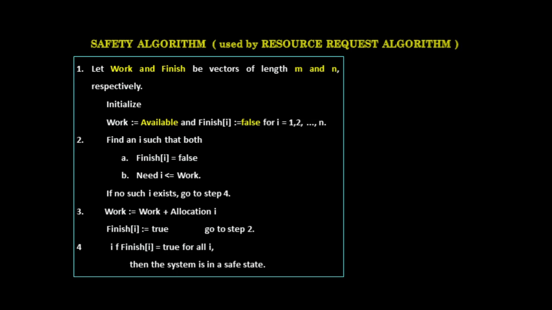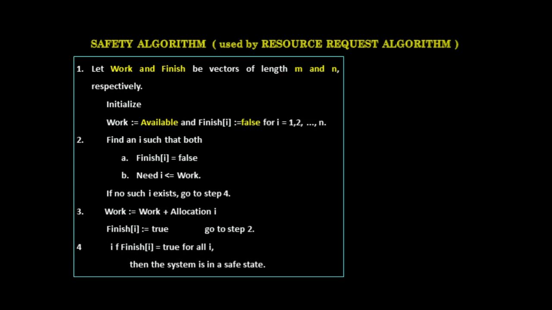This algorithm consists of two data structures, work and finish. These two variables are vectors with size m and n respectively, where m represents the number of resources in the system, and n represents the number of processes in the system.